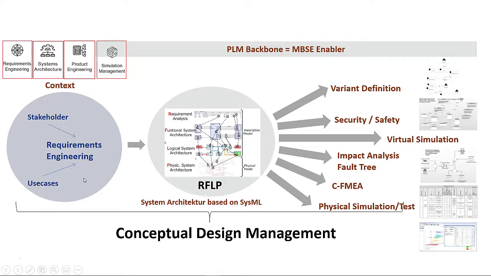I think very important is all the connection to security, safety, impact analysis, fault tree, FMEA, and physical and virtual simulation. So the real target of the system architecture is to integrate to the left-hand side with requirements, and on the right-hand side with all these types of integration. And then I think we have an integrated solution in our life cycle.